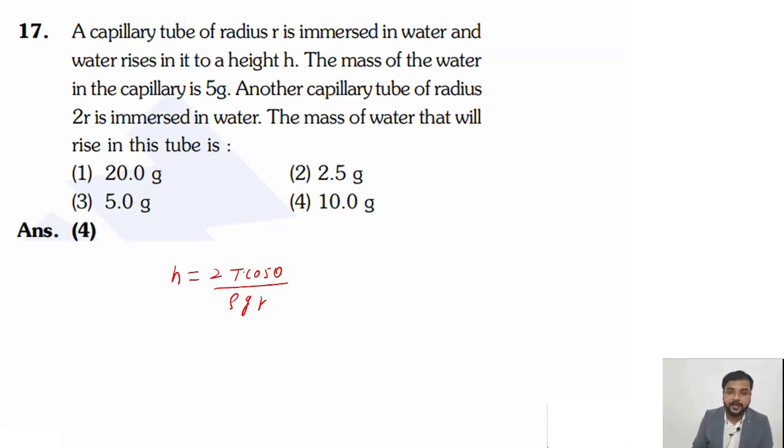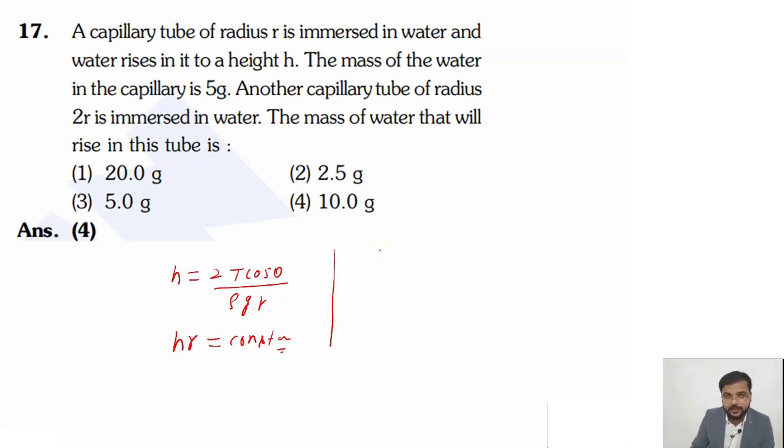See here, the material is not changing, correct? So the angle of contact will be the same, T is the same, density is the same, and g is also the same. So we can write h r equals a constant.